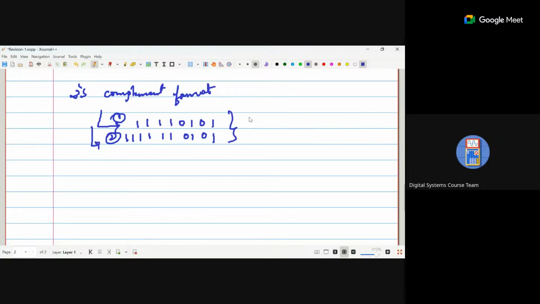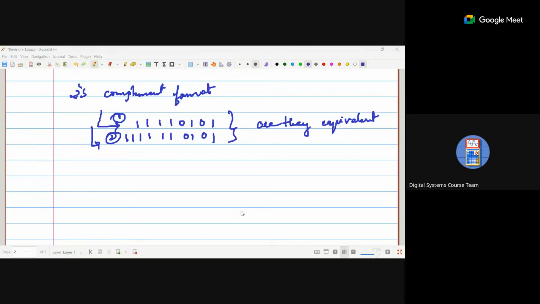So for these numbers, are they equivalent? You have two numbers in the form of 2's complement.